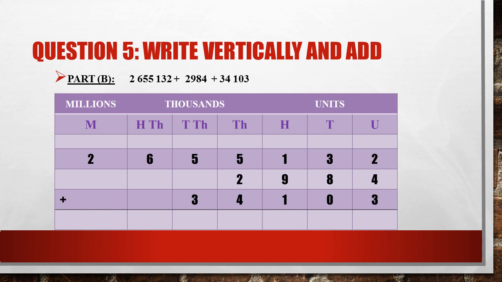Before adding these numbers, we will place them in the international place value chart in vertical form. For placing these numbers in vertical form, we will write the first number on the top and then the second and third number at the end.